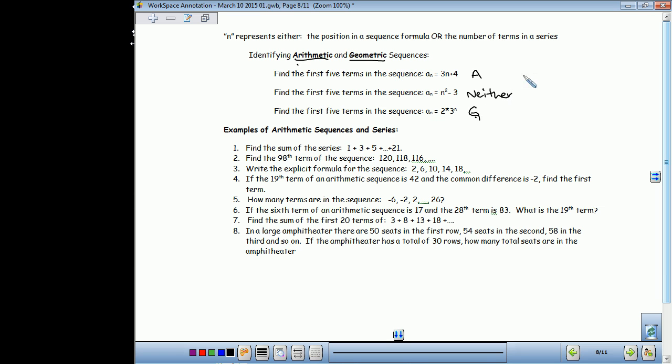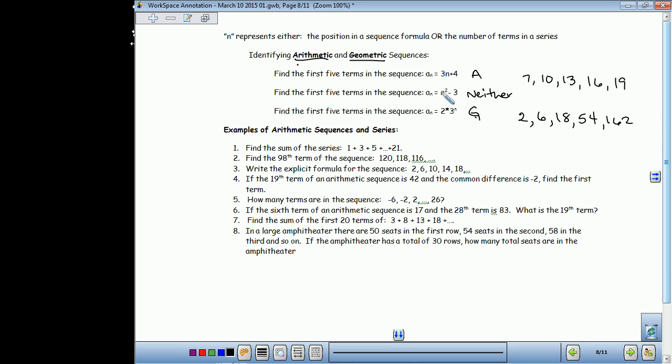If we actually found the first 5 terms, it would be 7, 10, 13, 16, 19. And this would be 2, 6, 18, 54, 162. So you see how you're adding the same amount here, and here you're multiplying by the same amount.